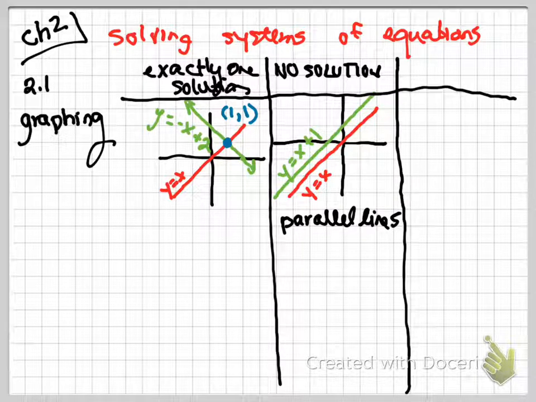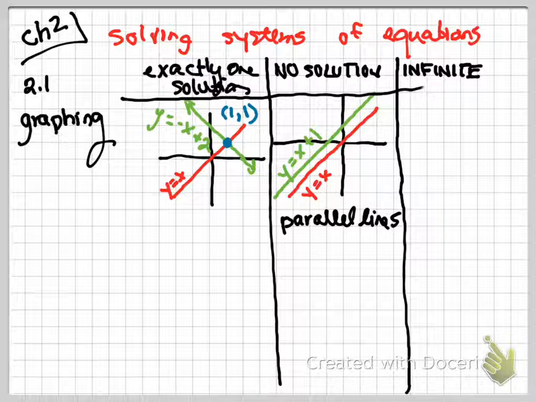So one possibility, like I said, is that these lines intersect at exactly one point. Another possibility is that there is no solution. A third possibility, and this is not going to make much sense when we look at it graphically, it'll make a lot more sense when we start exploring the algebraic aspect of these problems, is that there are an infinite number of solutions.